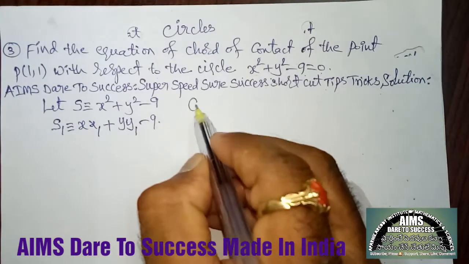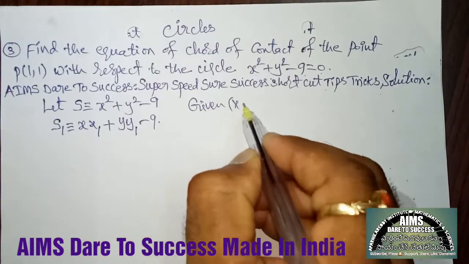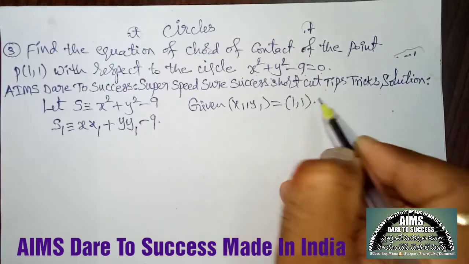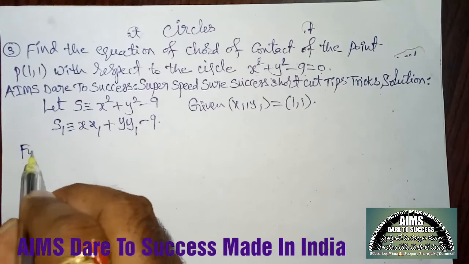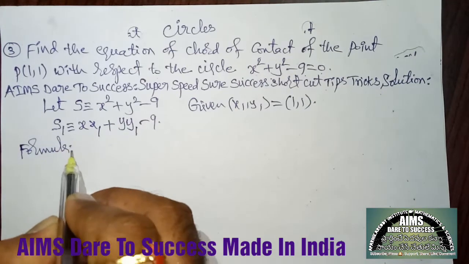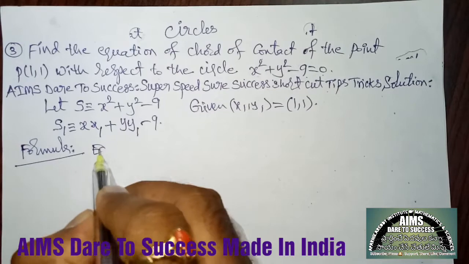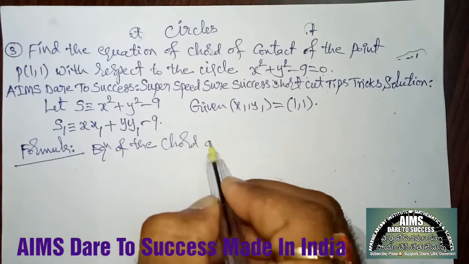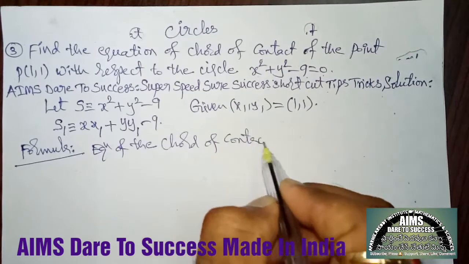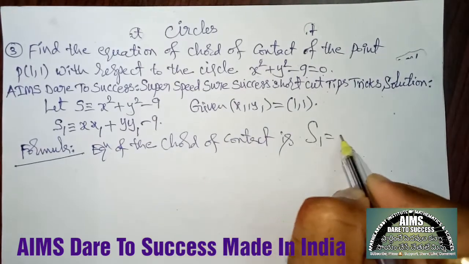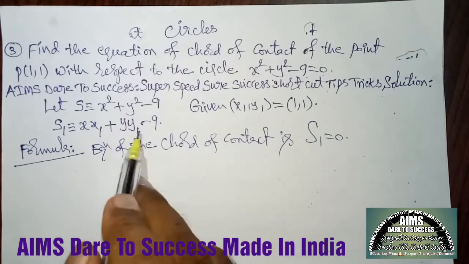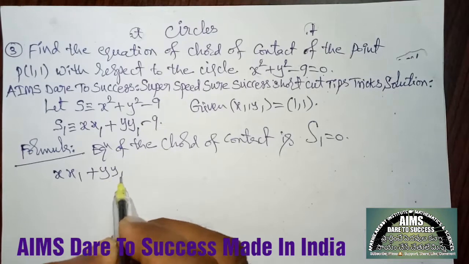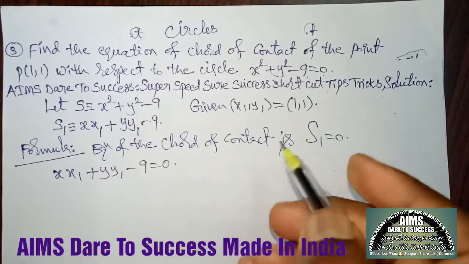So after that, now I wanted to write the given point x1 comma y1 is equal to 1 comma 1. So now I wanted to write a simple, short formula: the equation of the chord of contact is S1 is equal to 0. This circle value is equal to 0, that is x x1 plus y y1 minus 9 is equal to 0.